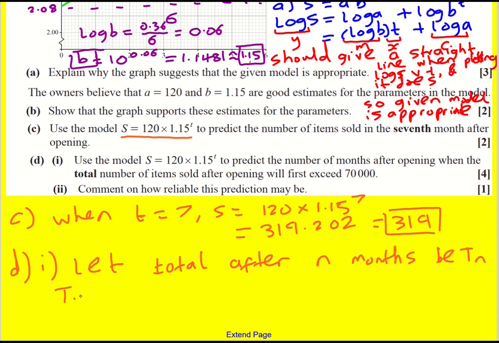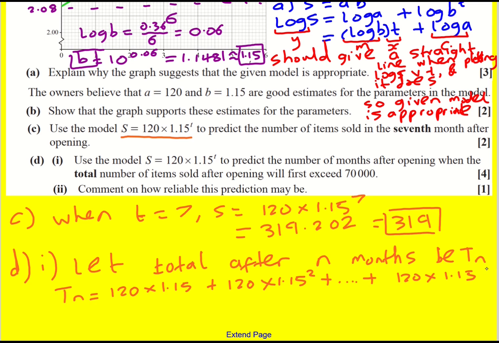So Tn will be the amount after the first month, which is actually going to be 120 times 1.15 straight away. So just be aware of it, because normally you have this as your a, and then it's going to be 120 times 1.15 squared, and so on up to the nth month.